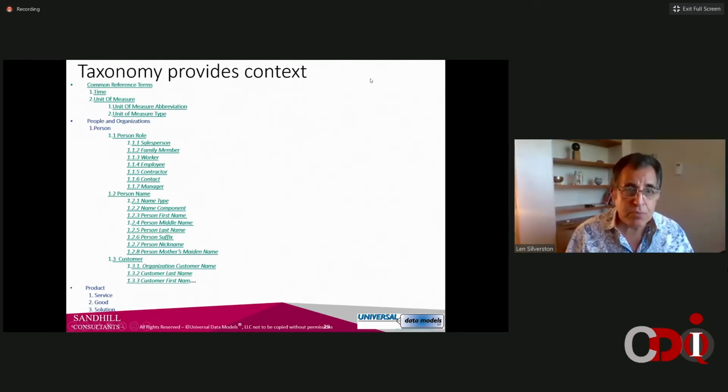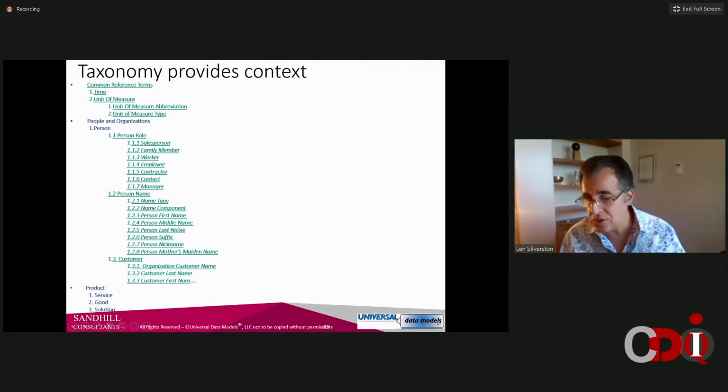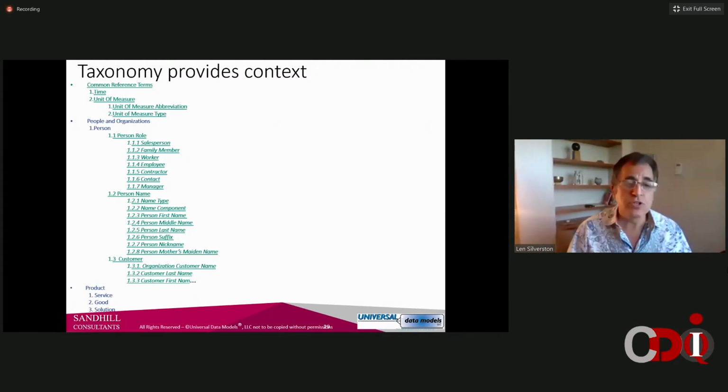So when I'm saying there's a person and then there's the name, this person's name might be different than the patient's name, might be different than the distributor's name, might be different than the name of the traveler. So in our taxonomy, what we're doing is we're categorizing the general constructs about people, about products, about goods, about solutions, about commitments, about agreements.